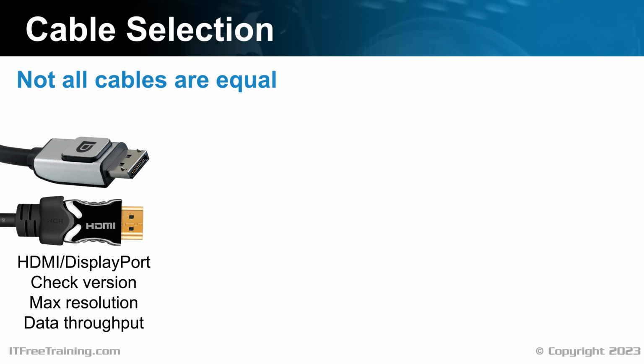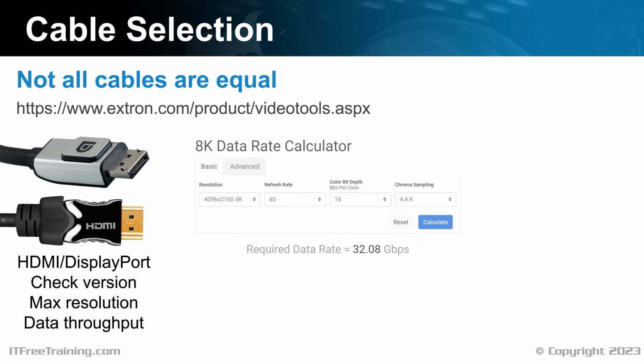To get an idea of how much data throughput you will need, you can use an online calculator like this one. Calculators like this will allow you to put in the resolution, frame rate, color depth, and color sampling. This will give you an indication of how much data you will need. As long as the cable supports that much data or more, you are good to go.